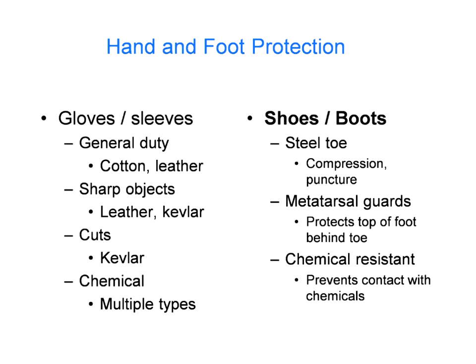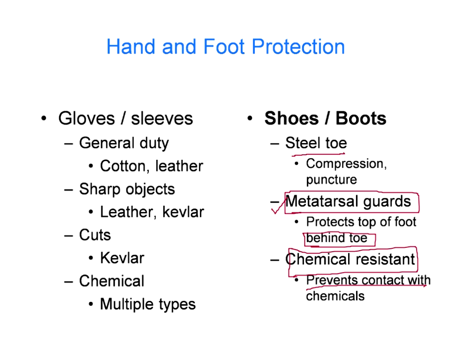So like this, you see shoes. You can use protective steel toe, also metatarsal guards. This is another kind of shoe which protects the top of the foot behind the toe, the back side of your foot.